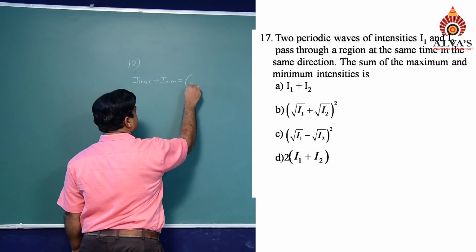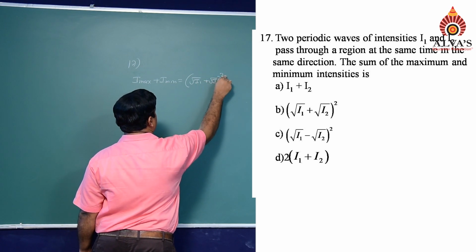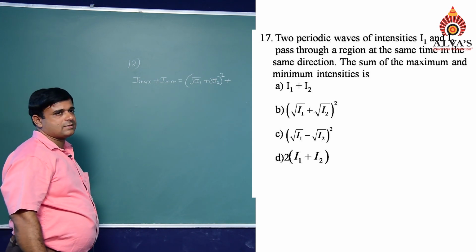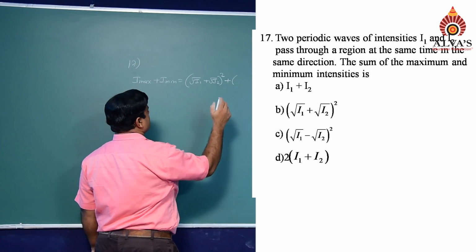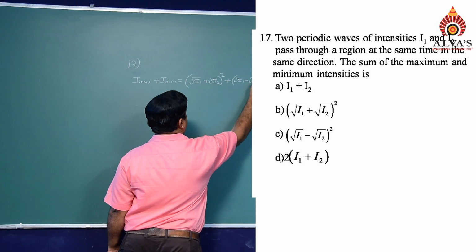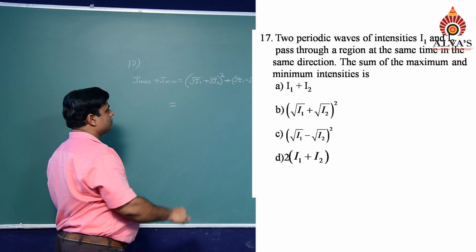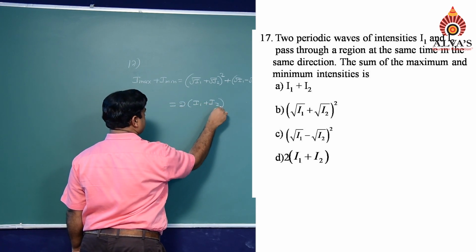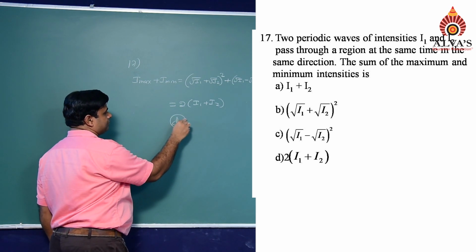At that time we can write (root I1 plus root I2) whole square, plus. To produce minimum intensity, they should superpose out of phase. Phase difference is 180. So (root I1 minus root I2) whole square. If you simplify this, it gives rise to 2 into (I1 plus I2). So the answer should be D.